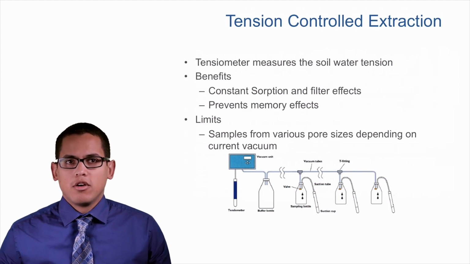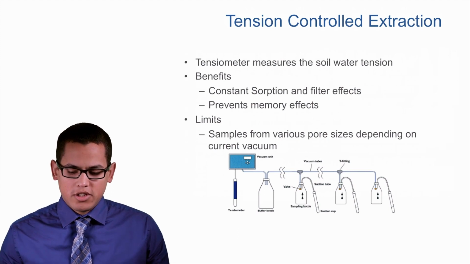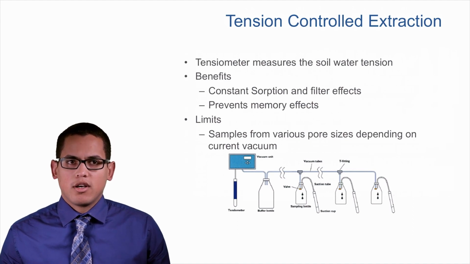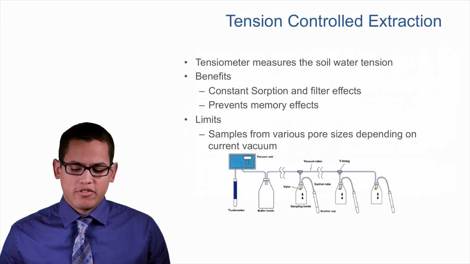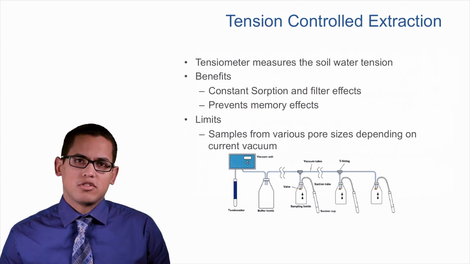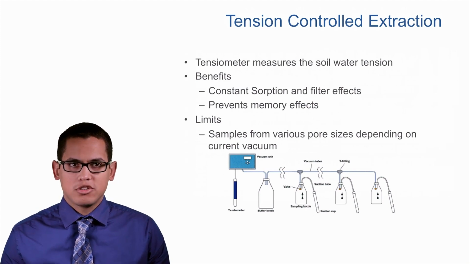So now, tension-controlled extraction. When doing tension-controlled extraction, you have a tensiometer that's constantly measuring the soil water tension, and the vacuum system is monitoring that and changing the level continuously as the soil water tension changes.